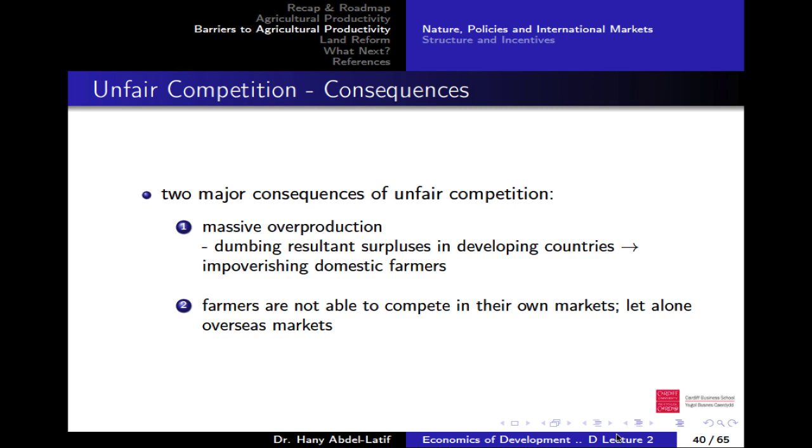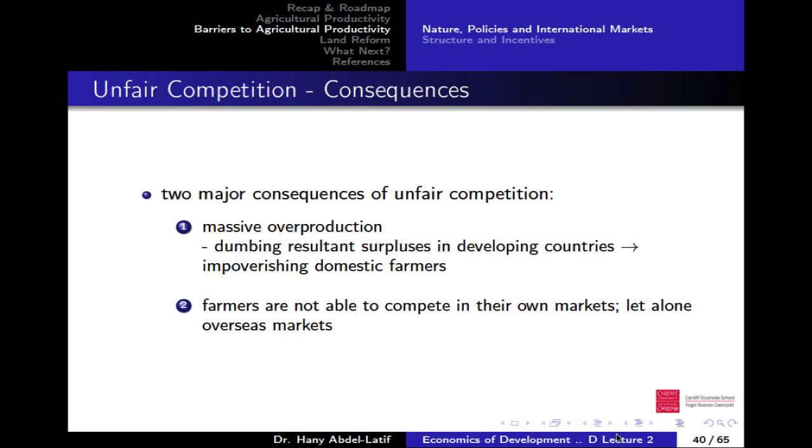And this surplus is dumped into developing countries. That means farmers in developing countries will always be poor because they can't compete with this. And also, that means farmers cannot compete in their own markets. How about international markets? They can't even compete.